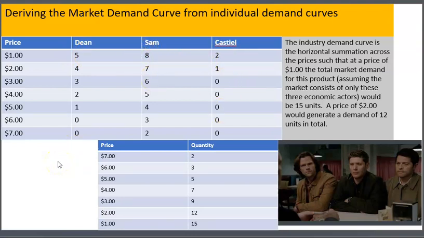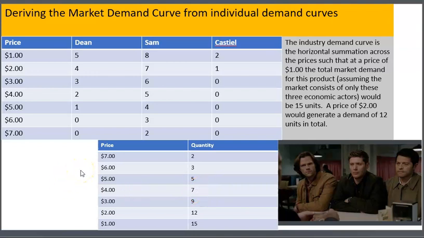We can derive this market demand curve by a simple addition across, such that at a price of $1, the quantity is 15 for that group of 3 consumers. What about at $4? Well, Dean will only buy 2 units, Sam would buy 5, and Castiel will buy none. So that means at $4, our market quantity would be 7.